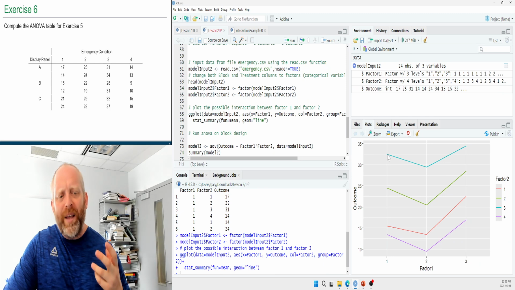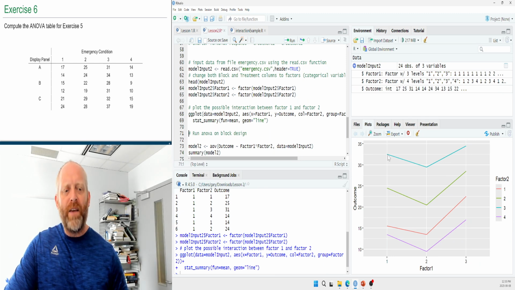Okay, so what would we expect to see if there was no interaction? What I would expect to see is that each of these lines are basically parallel. Now, why is that the case?